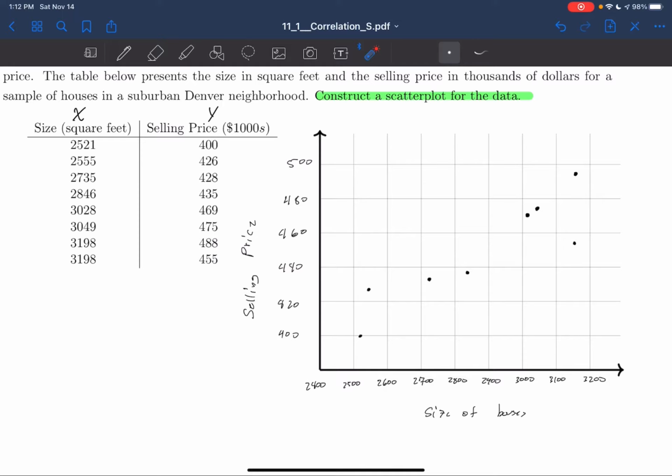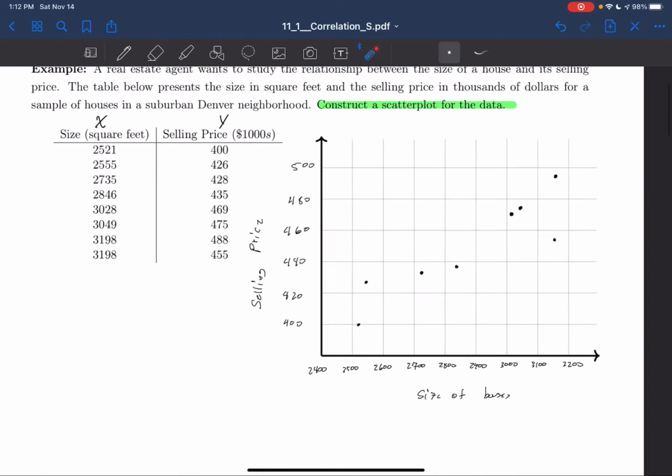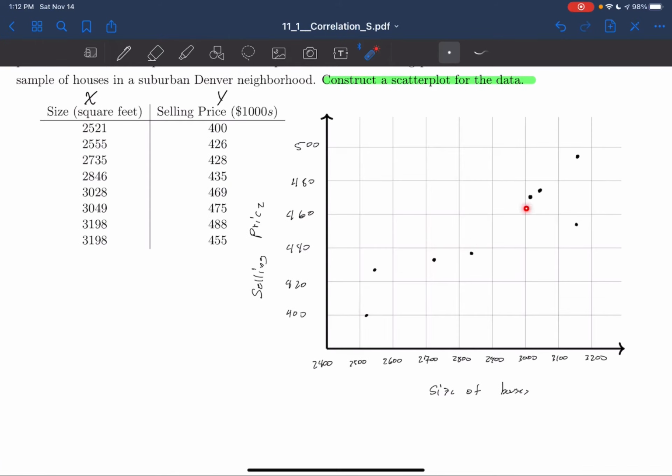For example, this will be 2,735 and this should be 428, which is right here. Notice that if we look at our scatter plot, we have a positive relationship here. If we increase the size of the house, then we notice that selling price also increases. This is the relationship that we're trying to look for.